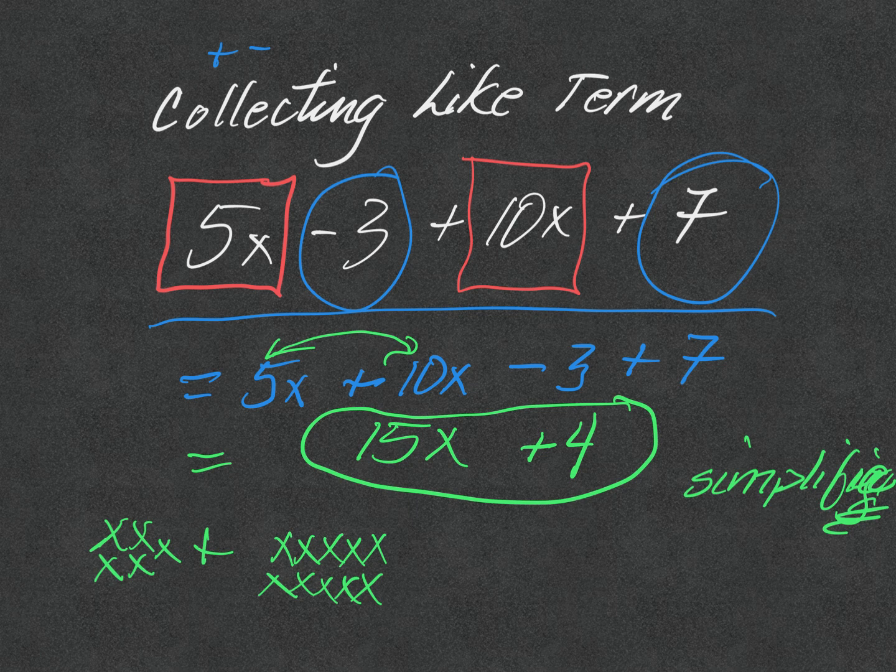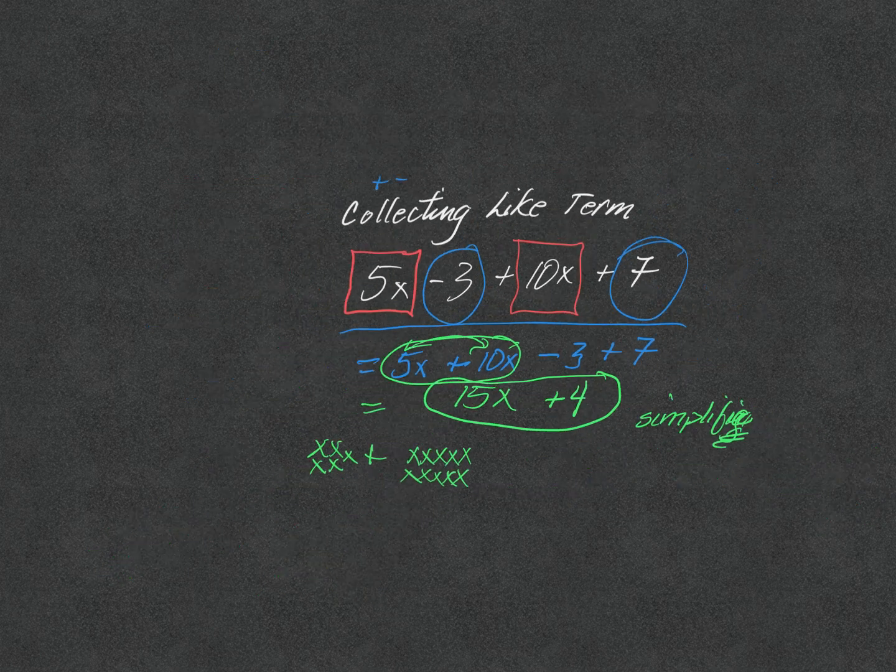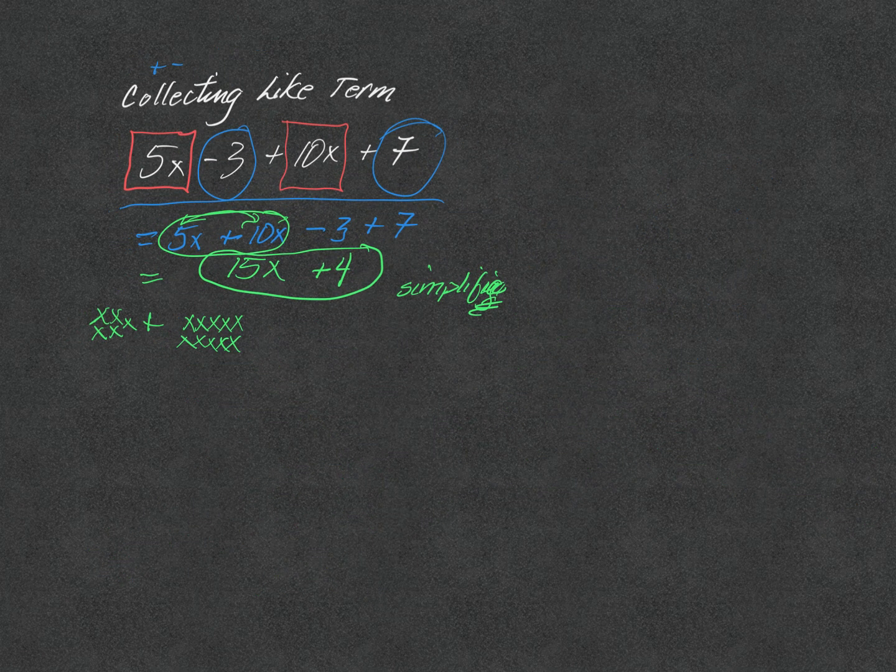Now, why is this 15x? Well, it turns out it's our old friend, the distributive property. If you look at this, 5x plus 10x, both of these have a factor of x.